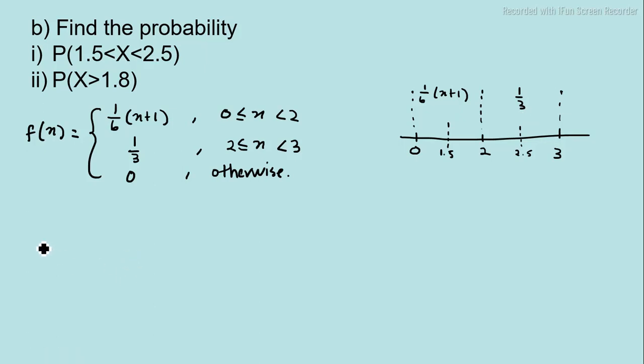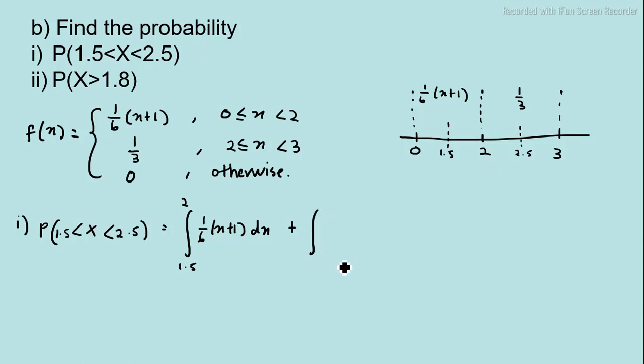Okay, so now untuk soalan yang pertama, kalau kita nak cari probability for x between 1.5 and 2.5. Okay, so we will do integration from 1.5 to 2, and your function is 1 over 6 (x plus 1) dx plus, okay, from 2 to 2.5 and your function is 1 over 3 dx.